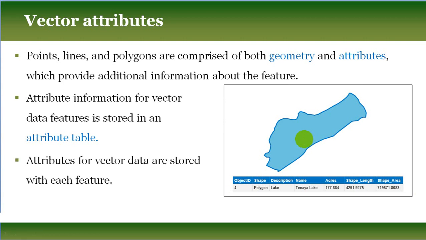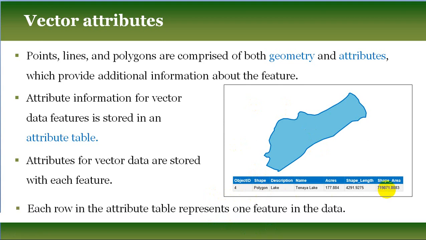Attributes for vector data are stored with each feature. So if you draw 5 points, for the 5 points, 5 such records are stored within the vector data. If you draw 10 lines, for every line their corresponding record information is stored there.